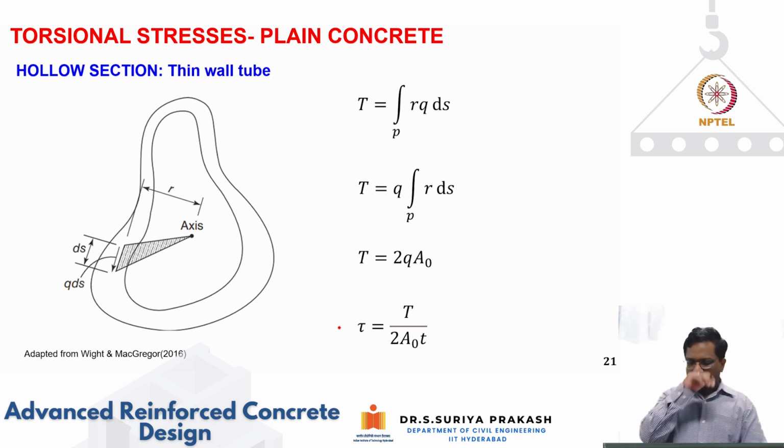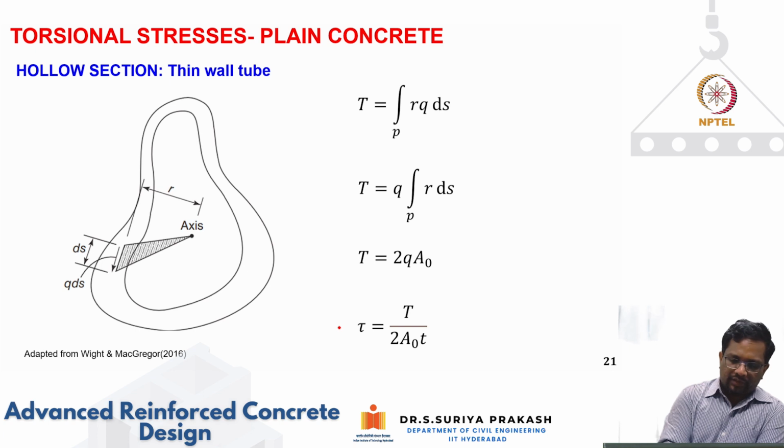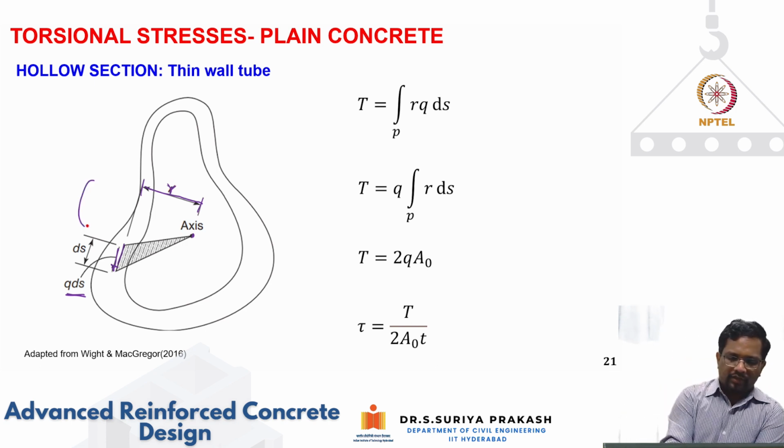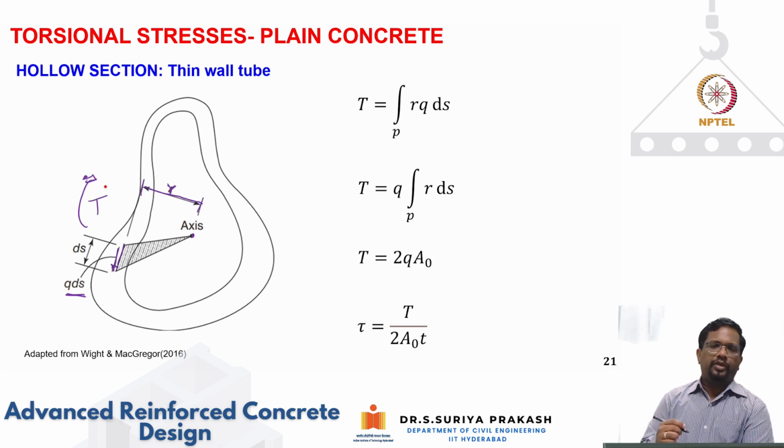Now let's say I am taking this kind of a thin wall tube, and let's say this is your shear flow, and the total force that is acting is going to be q into ds if I take a small element ds, and this element, let's say this face is at a distance of r from the axis of this tube. Now we can find that for an applied torque T, how do we get my resistance?